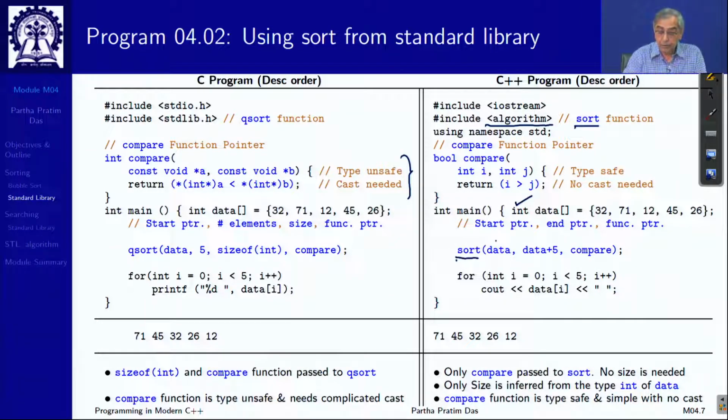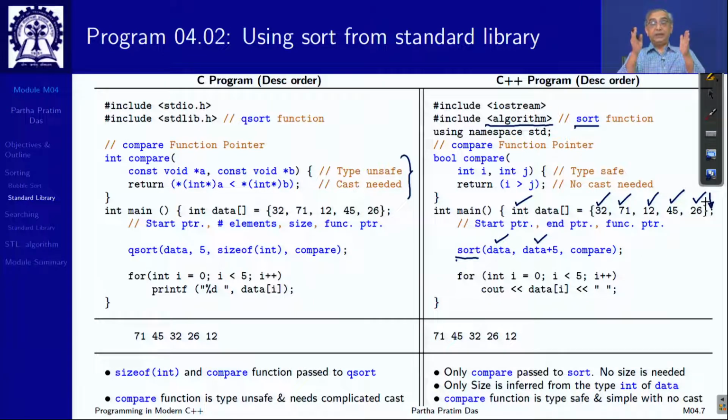First you say what is the starting address, starting pointer. Then you do not really say the number of elements, but you give a pointer to the last element. Data plus 5, what will be data plus 5? This is data, this is data plus 1, data plus 2, data plus 3, data plus 4. So, data plus 5 is here.